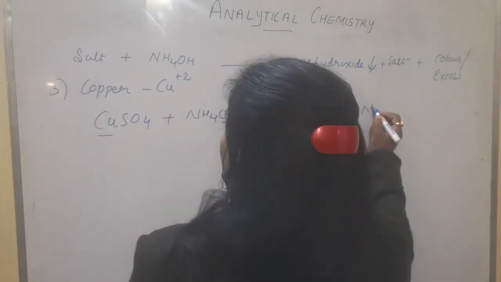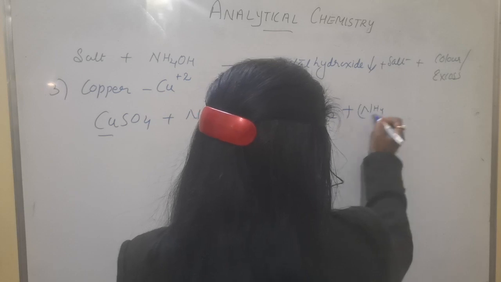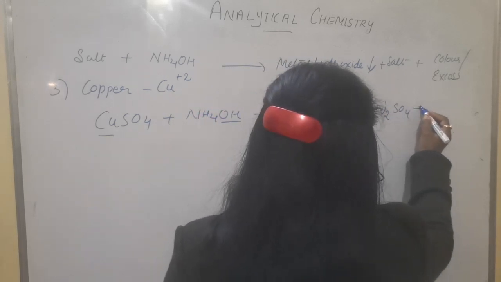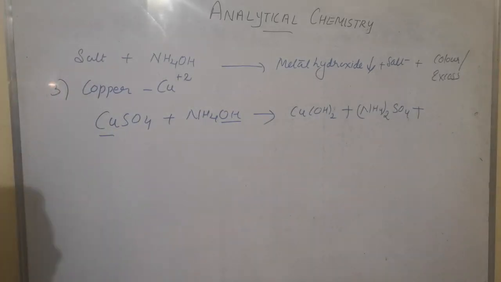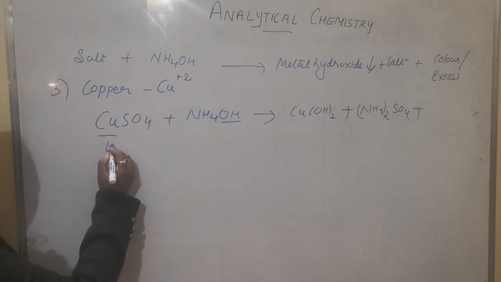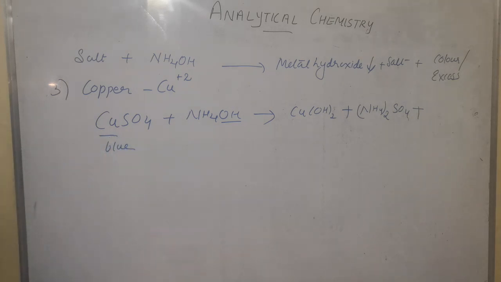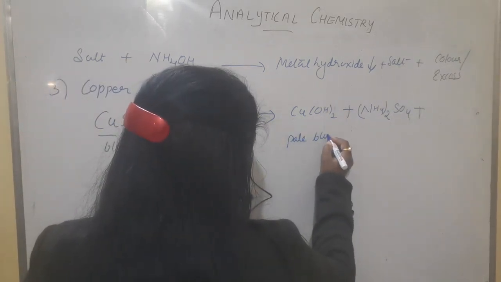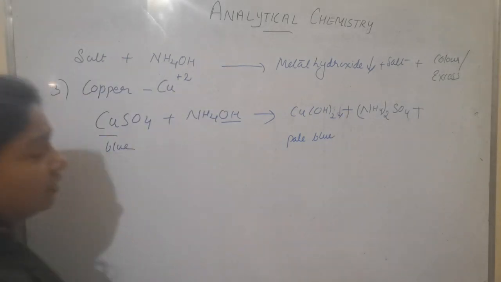What salt? (NH4)2SO4. And now we have to observe the color. This we know that the cupric ion is blue in color, and so it would give a pale blue precipitate. Pale blue precipitate.